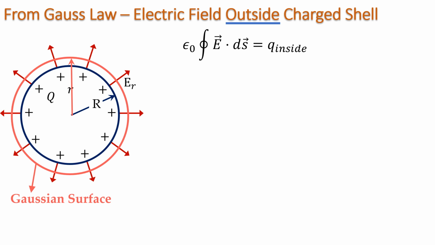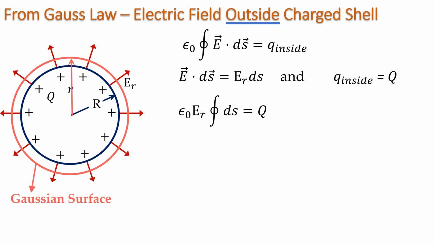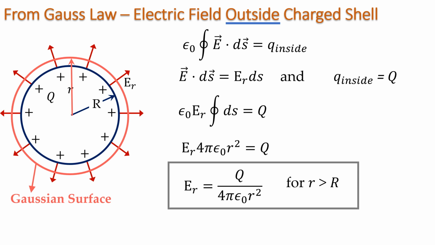The reason for choosing this Gaussian surface is that the electric field along the radius will be the same at all points of the Gaussian surface due to rotational symmetry. So we can take E out of the integration and have integration only over the surface area, which is 4 pi r square. From here, it is simple and we can solve it as this, which is similar to Coulomb's law.